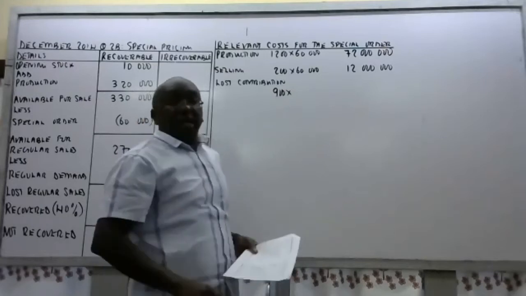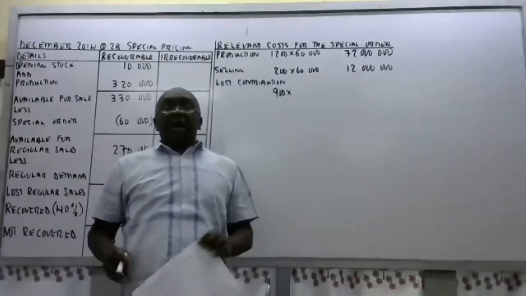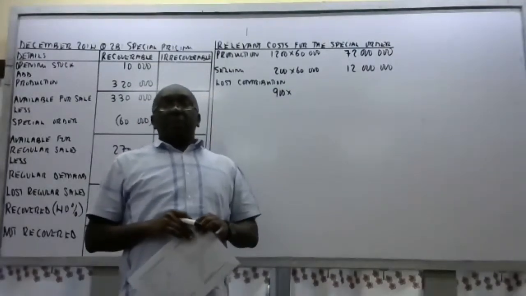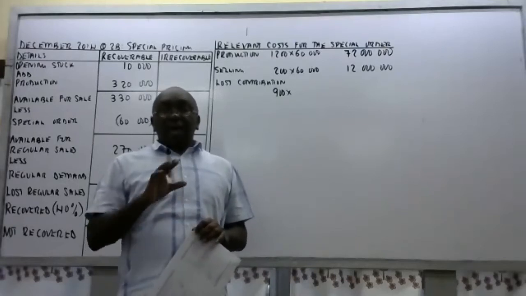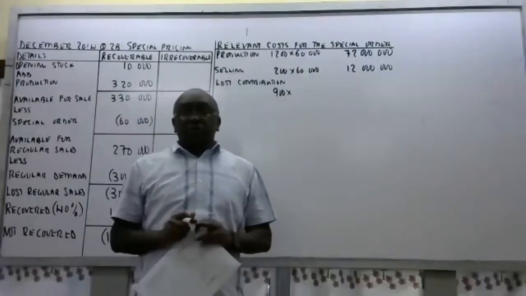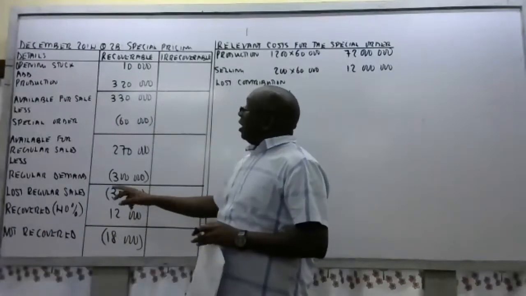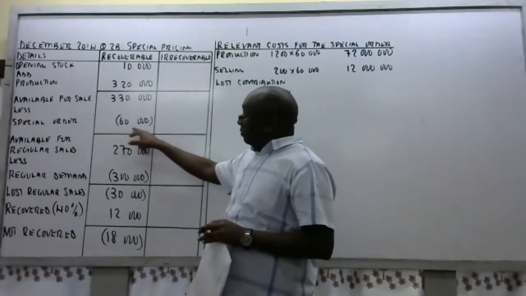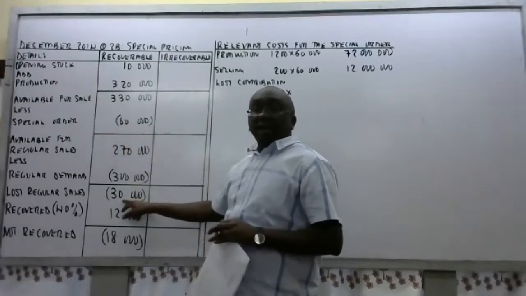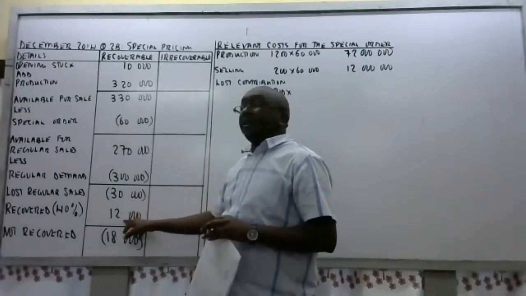I told you when we covered these things that you don't see your customers as human beings, but you look at them as money. So for every unit that we are going to lose, when we decide to go for the special order of 60,000, we are losing 30,000, although we are able to recover 12,000.